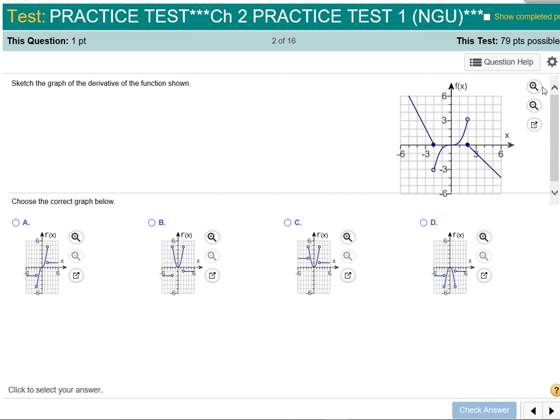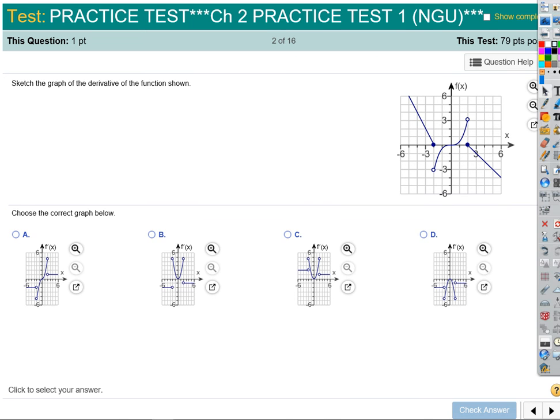So what do you know about the piece that goes, let's divide this thing up. So here's a division between pieces, right? And there's a division between pieces. So what about the left of that division? What's the derivative look like? Negative number. Yeah, it looks like it's a constant negative slope. It's a line, right, with a constant negative slope.